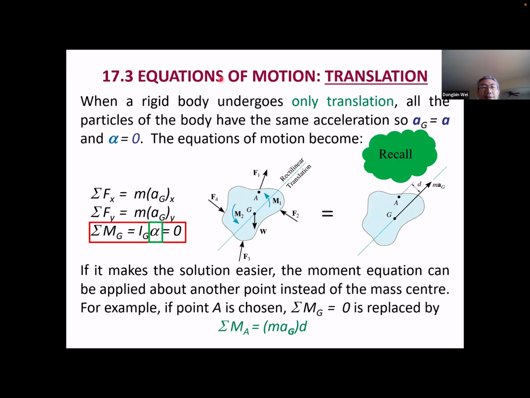Firstly, for translation, which we studied in the week before last, the angular acceleration of a rigid body is always 0. So for the rotational component, if you use mass center point G for your calculation, this is always 0.